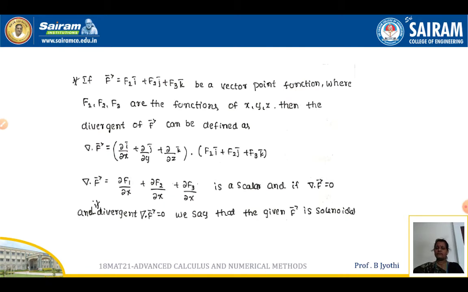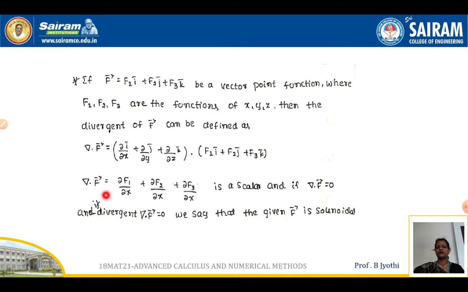Next, if f is equal to f1 i plus f2 j plus f3 k is a vector point function where f1, f2, f3 are functions of x, y, z, then the divergence of f can be defined as del dot f, which will be a scalar quantity. So it is given by dou by dou x of i plus dou by dou y of j plus dou by dou z of k dotted with the vector point function f1 i plus f2 j plus f3 k.